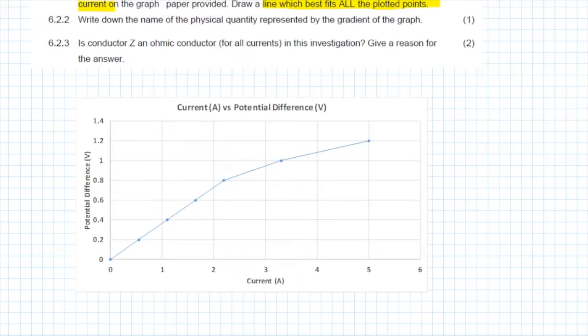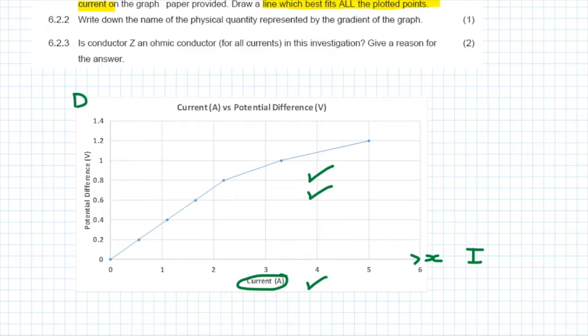So in this case, you're going to get 1 mark for plotting your points correctly, 1 mark for using a curve of best fit instead of your ruler, 1 mark for your labels. The current should be on the x-axis because it is the independent variable. Remember the stick and the stone. The stick is going to fall down onto the x-axis when the wind blows.